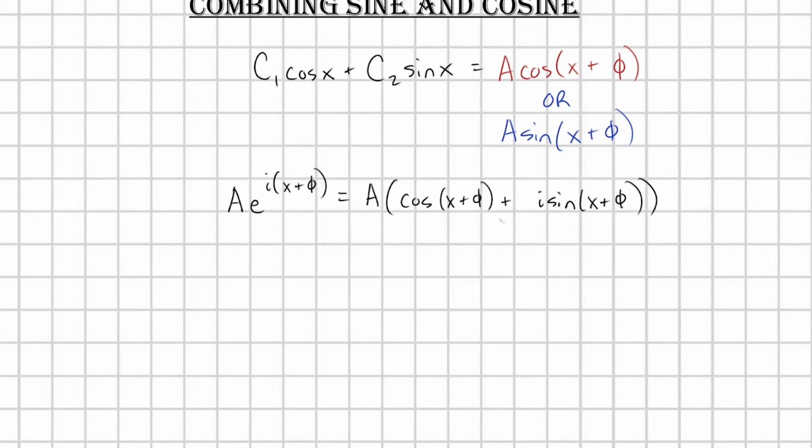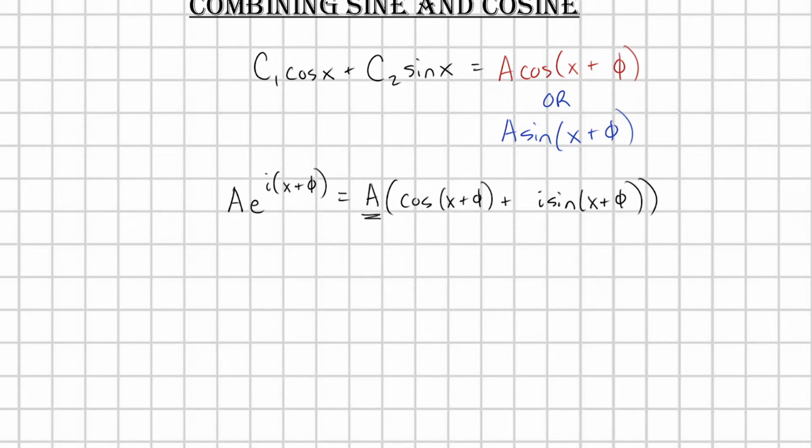And from this, we can see if I take the real part of this, I'm going to be left with A times cosine of x plus phi, and if I take just the imaginary part of this, I'm going to be left with A times sine of x plus phi.